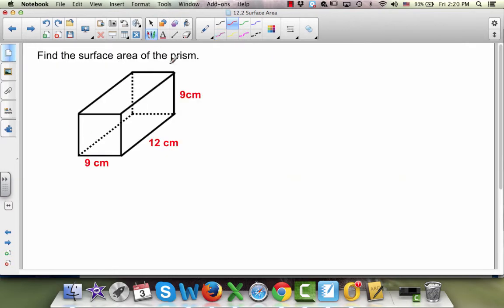Find the surface area of this prism. Okay? Well, remember you've got two ends, two sides, and you've got a top and a bottom. Let's look at this. The bottom is 9 by 12. So that means the top is going to be 9 by 12 also.